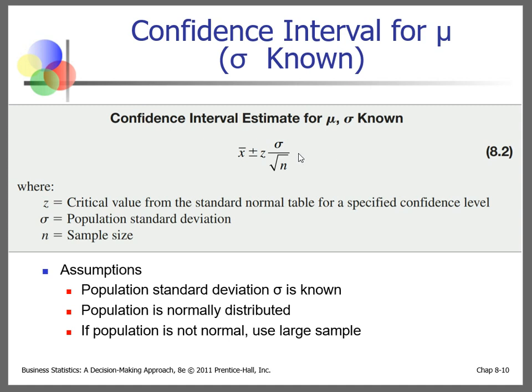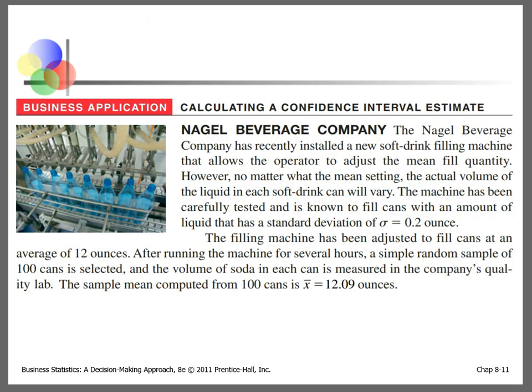This then gives us the formula as shown here, for computing the confidence interval estimate when the population standard deviation is known. An additional assumption when using this formula is that the population should be normally distributed, and if not, a large sample size should be used. Let us look at an example.